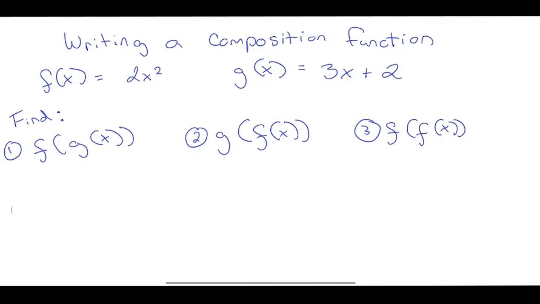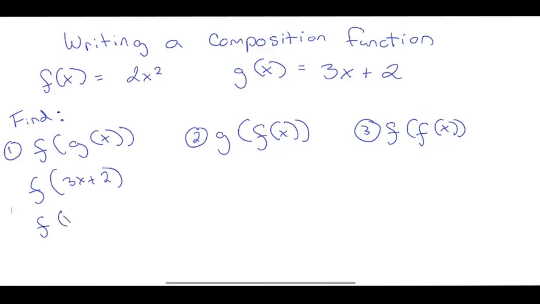So for number 1, we have f of g of x. Okay. So that's f of g of x. What is g of x? G of x is 3x plus 2. So f of x is 2x squared, right?